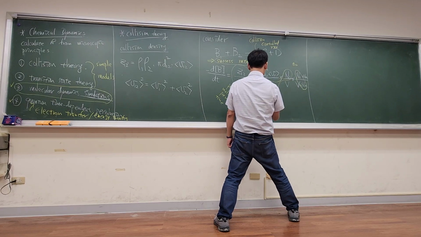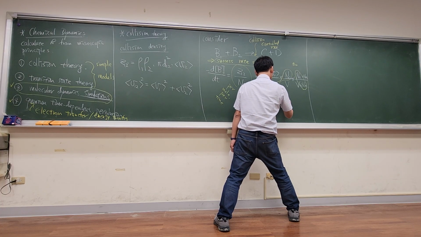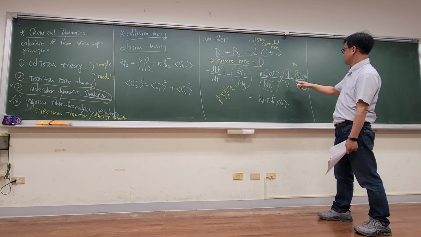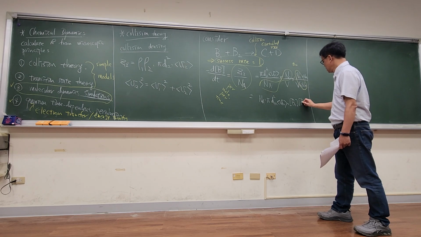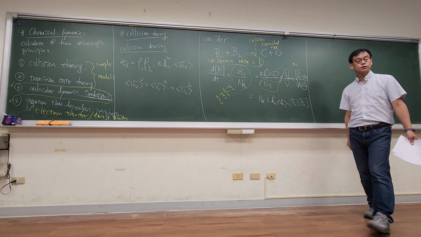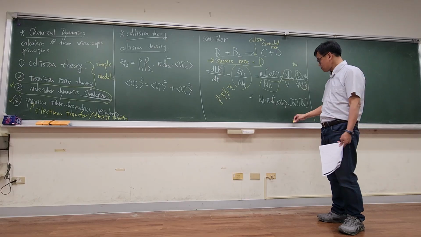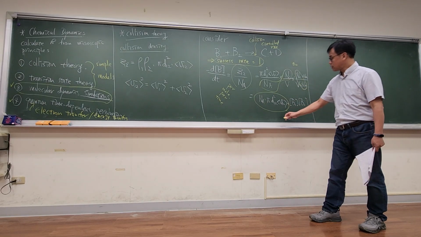So we have Na, pi d12 square, v12, times V1 concentration, V2 concentration. Right? So this is the constant.